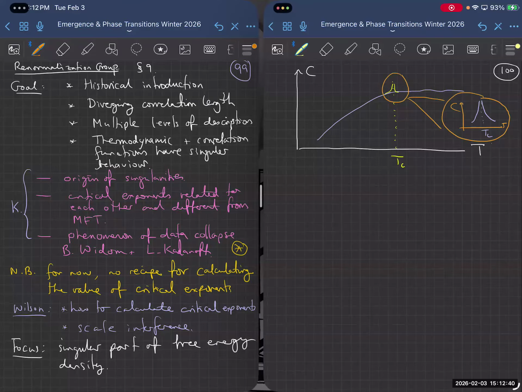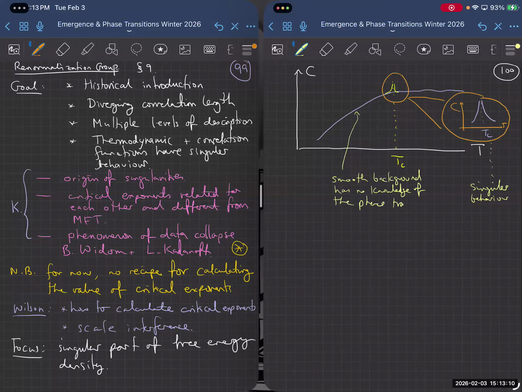So this thing here is the singular behavior only. And this thing over here is our smooth background, which has no knowledge of the phase transition.